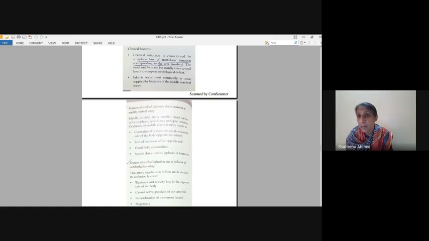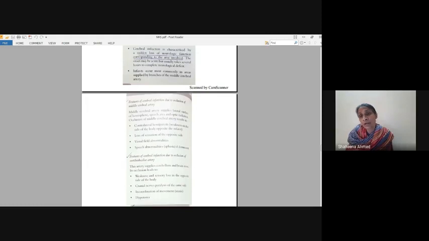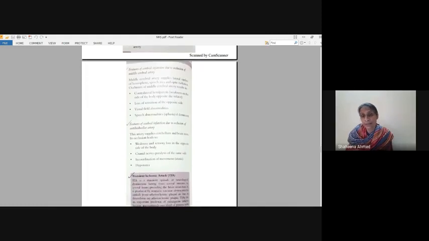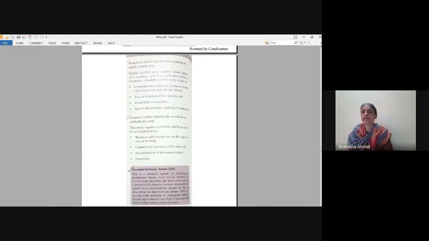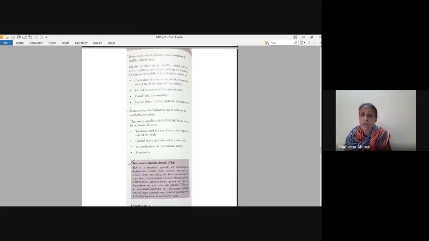Now, the branches of the middle cerebral artery are usually the most common vessels which are occluded and cause infarction.